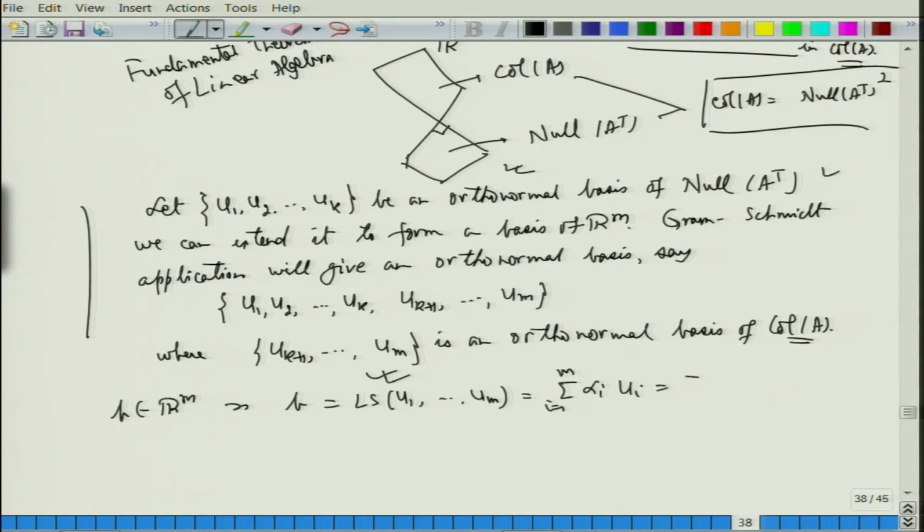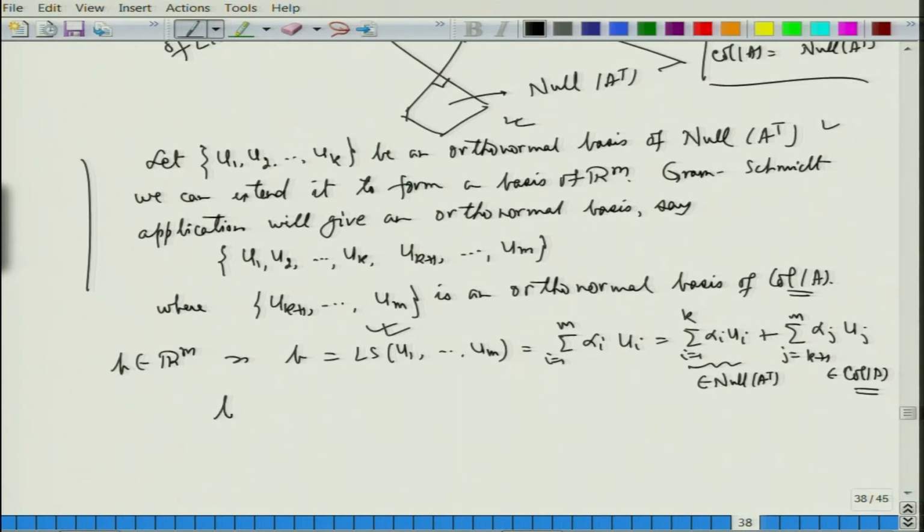I can write it as summation i equal to 1 to k alpha i ui plus summation j equal to k plus 1 to m alpha j uj. So this part belongs to null space of A transpose and this belongs to column space of A, alright, and this is unique, that is important, alright.